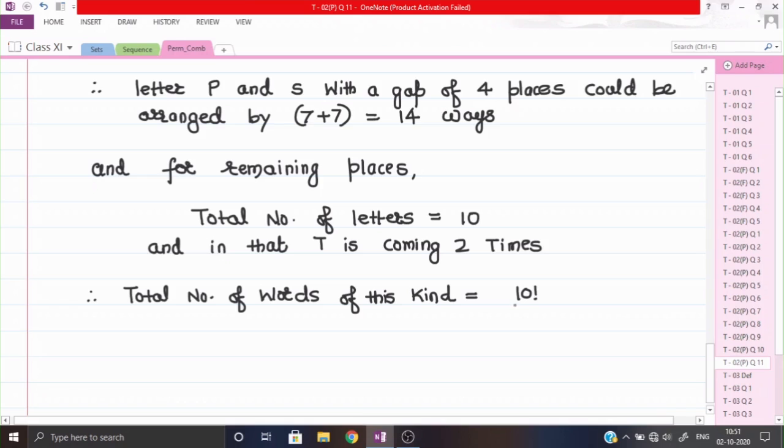First of all, we see the remaining letters, factorial 10 upon factorial 2, and the arrangement for P and S. That's why multiplication is coming. It is a part of the total arrangement. So here we can simplify and get the answer. This simplification I will do separately and send you in the notes. So we can keep this separately and solve it afterwards.